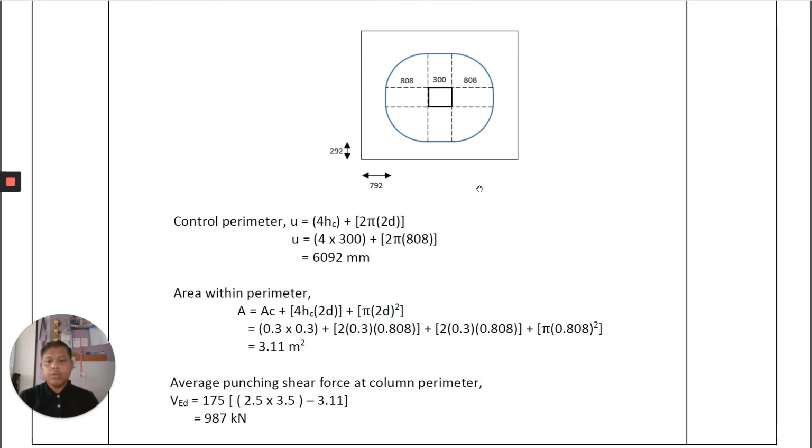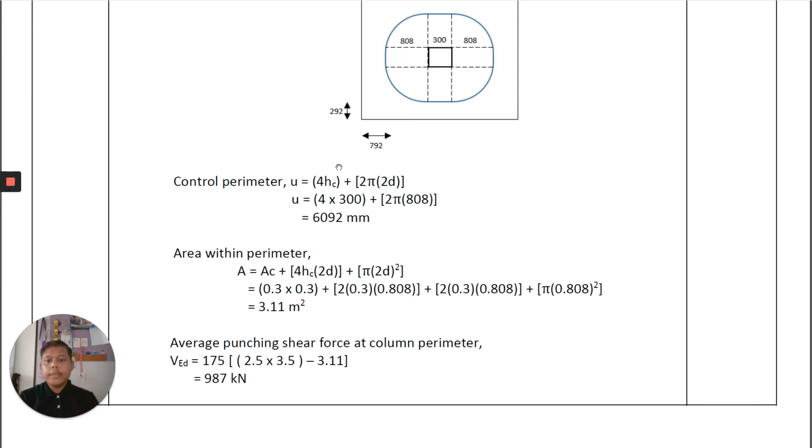Then the control perimeter is equal to 4 times the dimension of the column. So let's say because this column has the same size, therefore 4 times HC. For example, if they have a different size for each axis, then you should use 2 times HC plus 2 times BC.